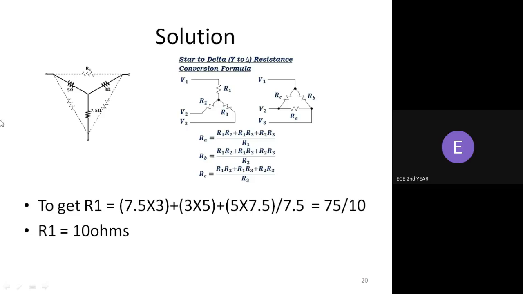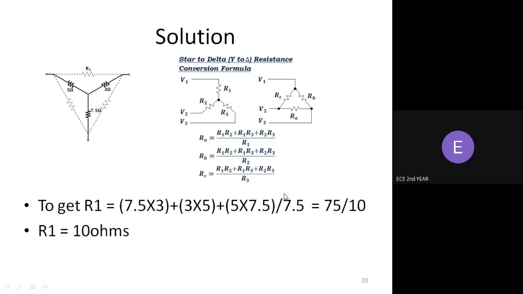So to get R1 from the given diagram, R1 is equal to 7.5 into 3, these two resistances, plus 3 into 5, these two resistances, plus 5 into 7.5, divided by the opposite resistance, which is 7.5.